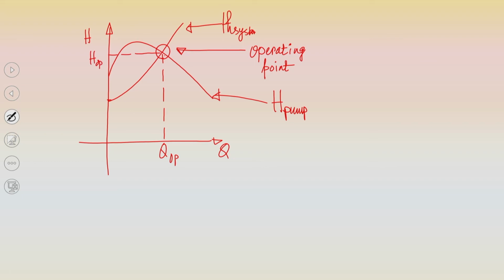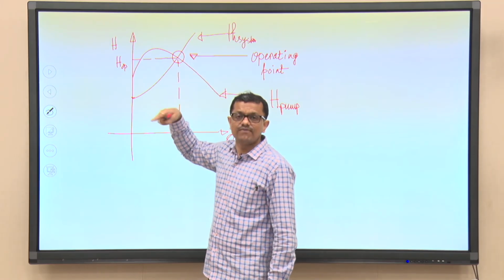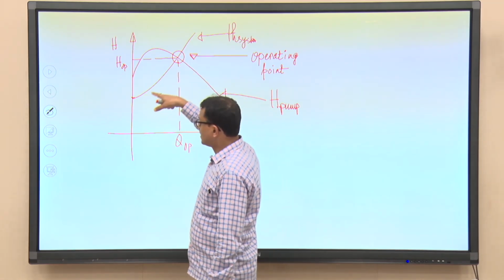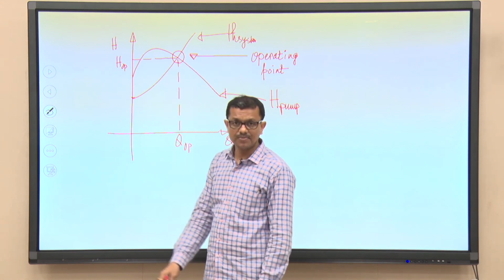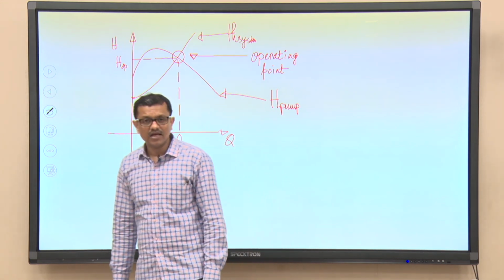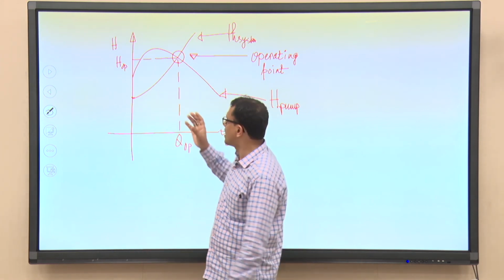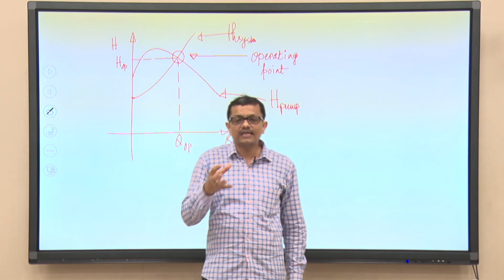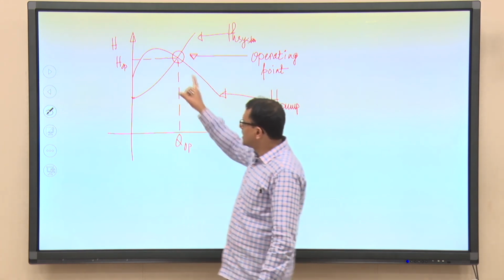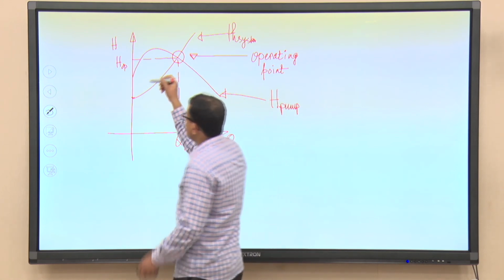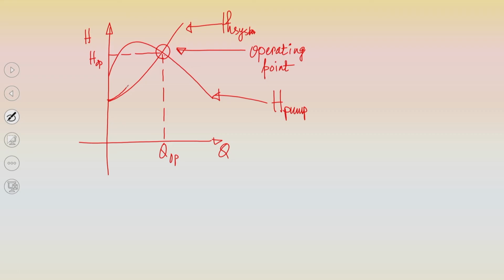Fine. The question is, if for any reason the operator closes the delivery valve further, then this curve will be slightly steeper, right. From the physical understanding, we need relatively less discharge from the pump, so we close the delivery valve and this curve will be slightly steeper, and it is now coming to a new place, and this is the new operating point.